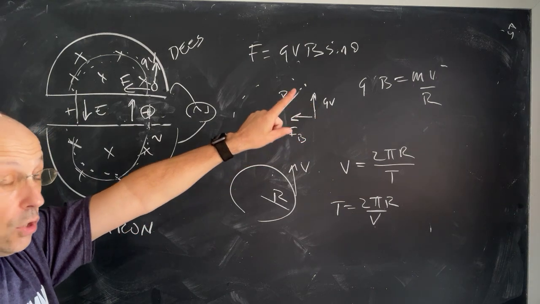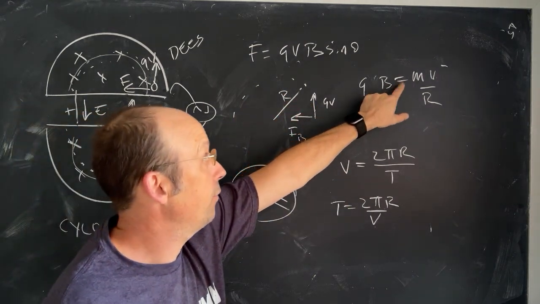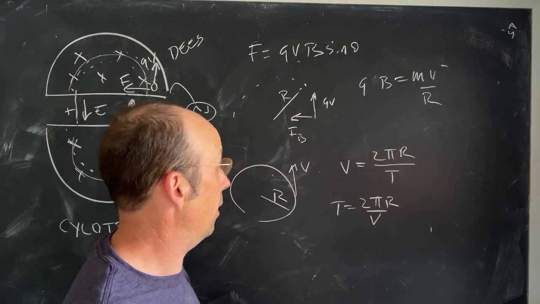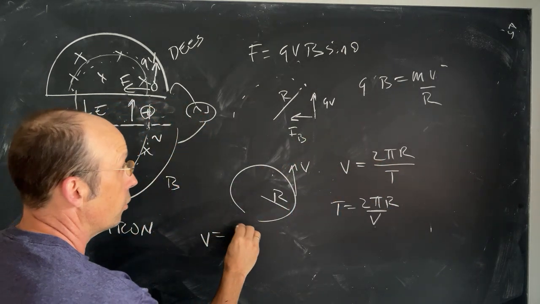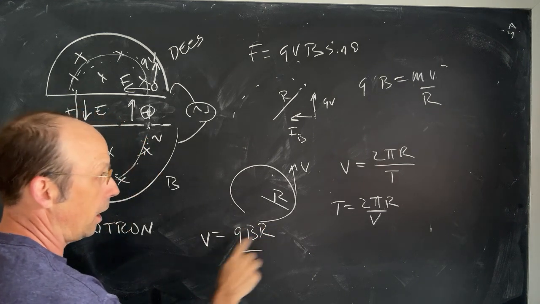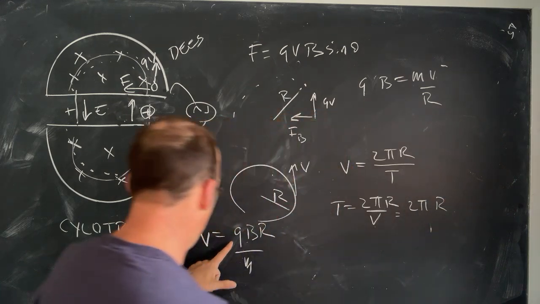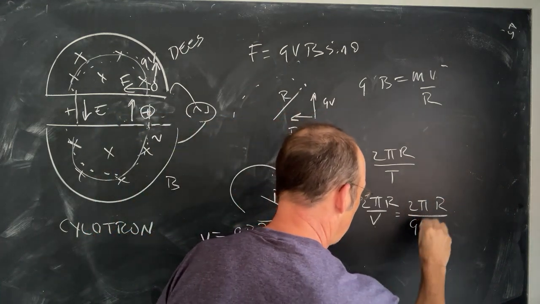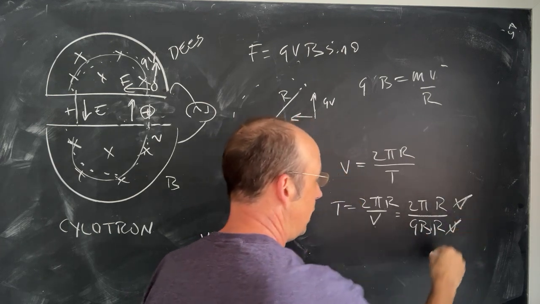Now, I want to solve this for v and substitute it in down there. So up here, I get v equals qBr over m, and I'm going to put that in over here. So I get 2 pi r, and then for v, I get qBr over m.